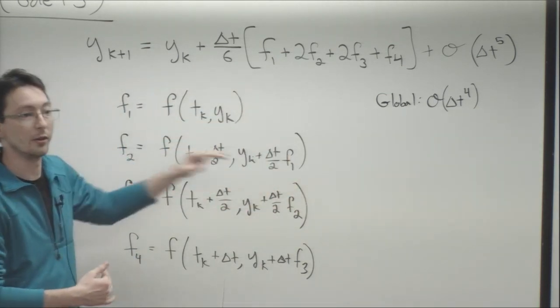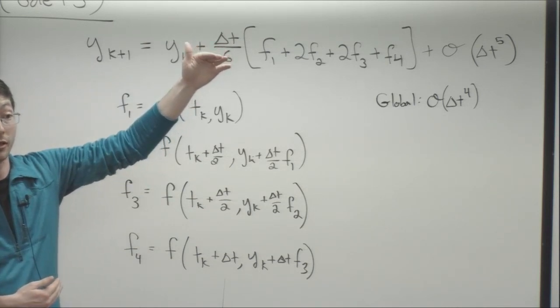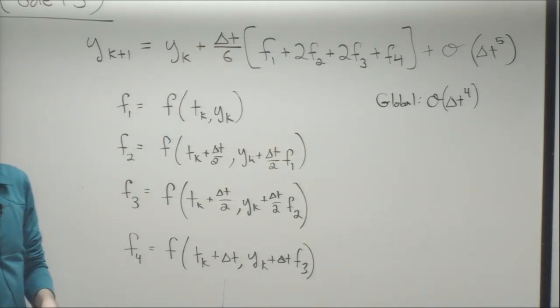So you're never having to back solve some implicit function like you would in a backward Euler scheme. There are other high order schemes that are implicit, and as a general rule, implicit schemes are more stable, but they're much harder to solve.